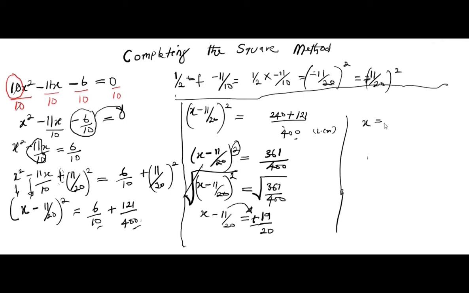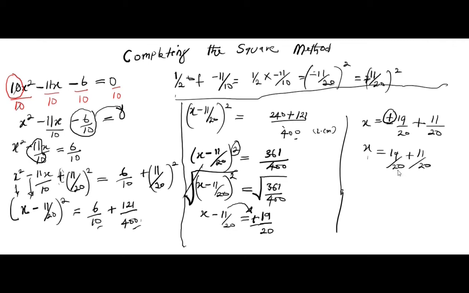So we have x equals plus or minus 19 over 20 plus 11 all over 20. Let's consider the positive first. You have x equals 19 over 20 plus 11 all over 20.